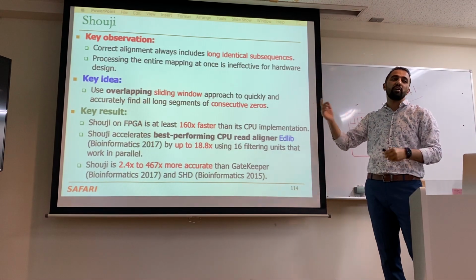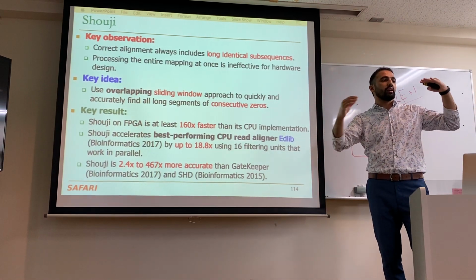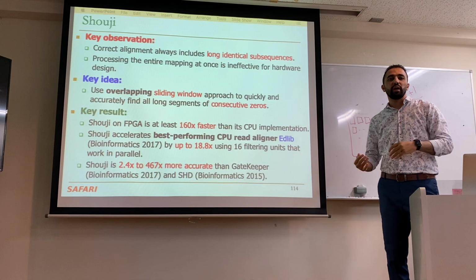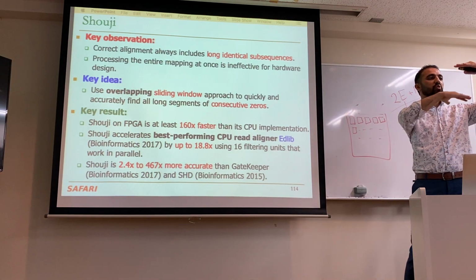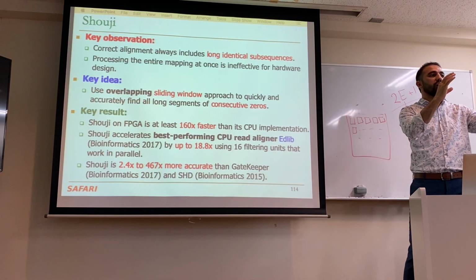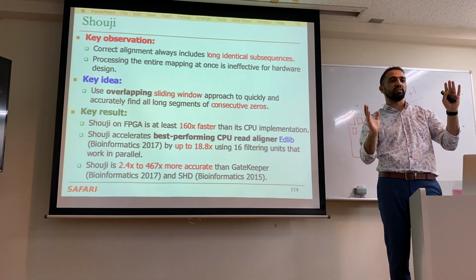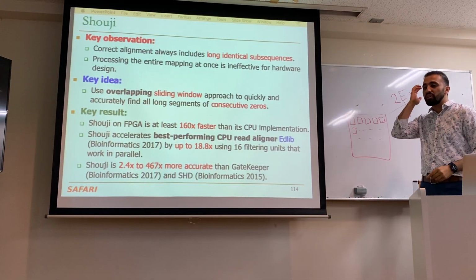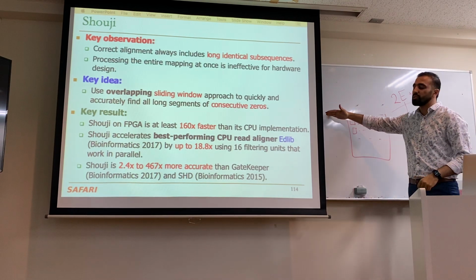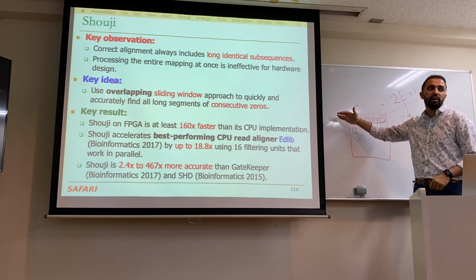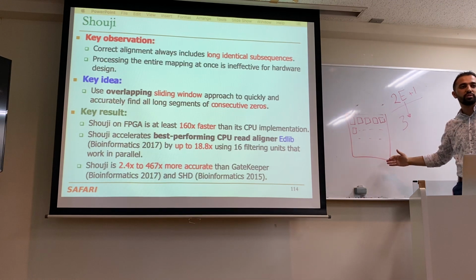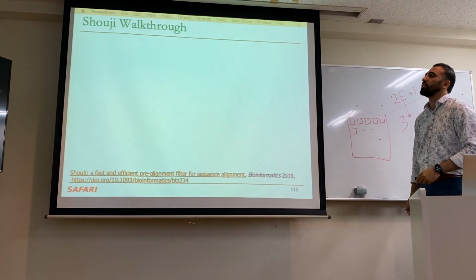We notice that they are always long, and they are next to each other. So we said, okay, rather than ANDing them together, why not just go to the bit vector and start counting how many zeros we have in the individual bit vector? But this is challenging because there are correct zeros that are part of the solution, and there are many other random zeros in the bit vector.